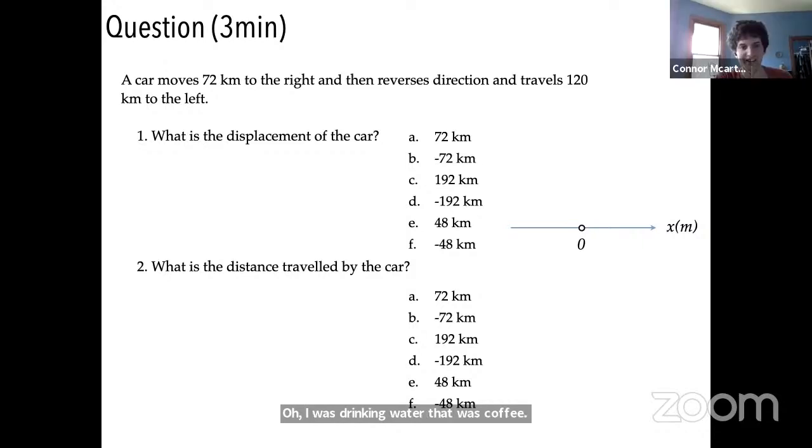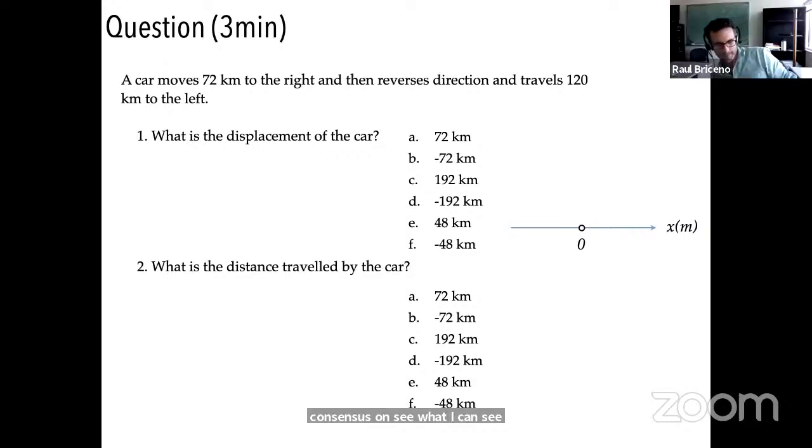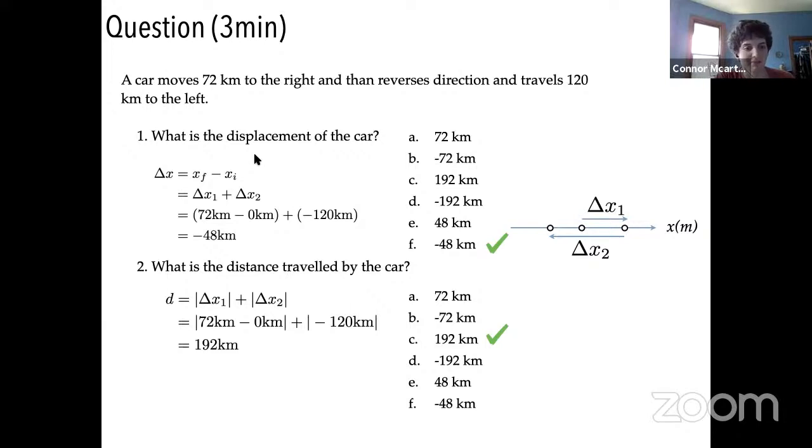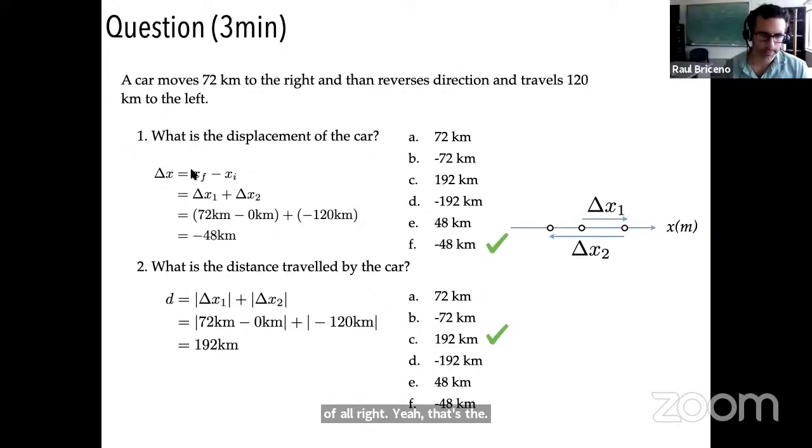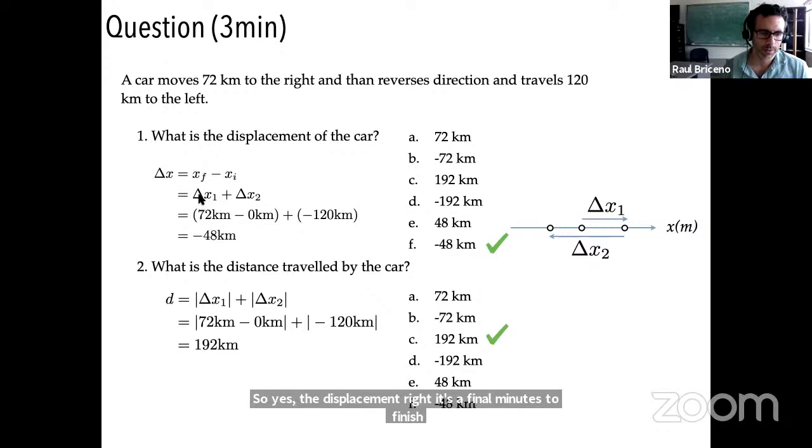All right, there's consensus on C, from what I can see. What do you think? Is it right? Sounds about right. There we go. So you guys are too sharp, too good. So yes, the displacement is the final minus the initial.